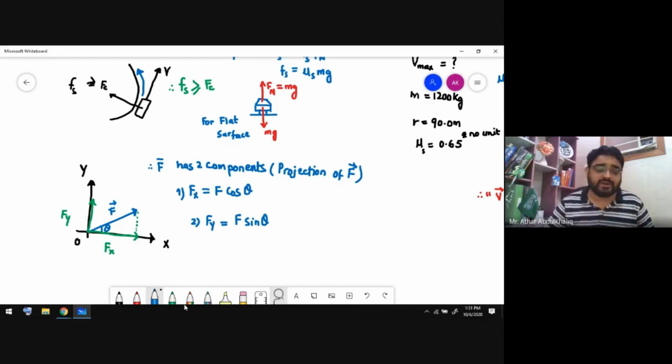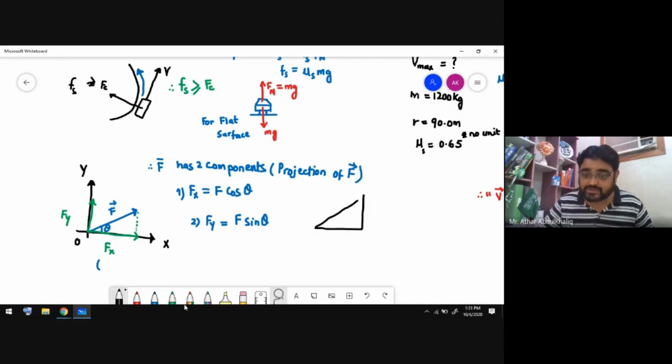From now onward, this is a very important thing: fx is the horizontal component. Consider a right triangle in front of you, in which you are given the hypotenuse with value, let's say, f, and the angle with the base is theta.